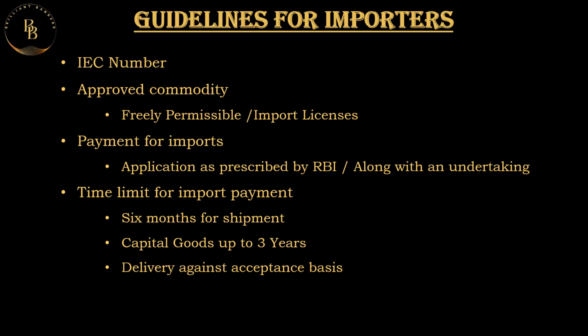All the evidences are to be checked, and only after knowing that the evidence is genuine, and for reasons such as non-arrival of consignment, delay in delivery or customs clearance of consignment, etc., the AD bank, if satisfied with the genuineness of the request, may allow reasonable time not exceeding 3 months from the date of remittances. This is in the case of delivery against acceptance basis.